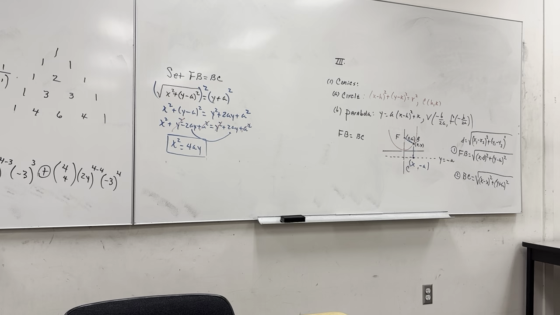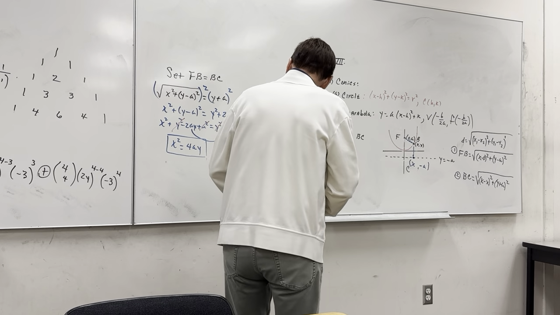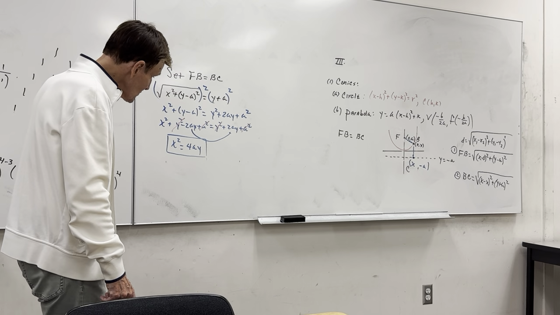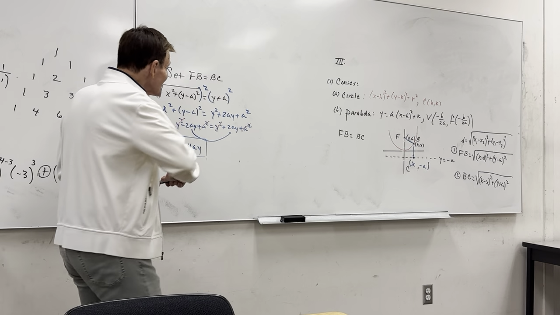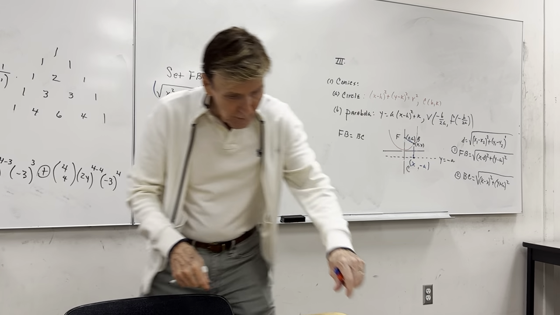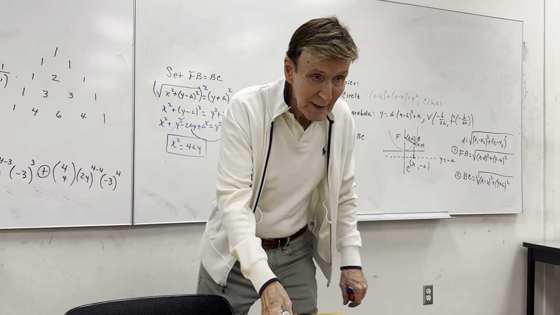Now, Jacob's saying, Professor, I think, first, if I want to look at this, okay, Jacob, here goes. Let's try one on the side here. I think I have one on the handout. I do. x squared is equal to 8y.